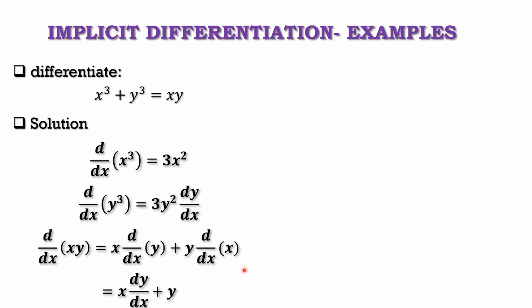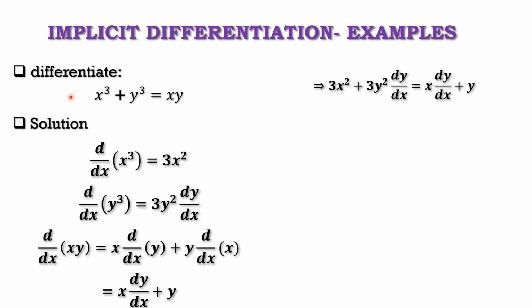At the end, our differentiation will be x. When you differentiate the y, you get dy/dx, plus maintain the y. When you differentiate the x, you are going to get 1. So we substitute our results as it has been done in the expression.